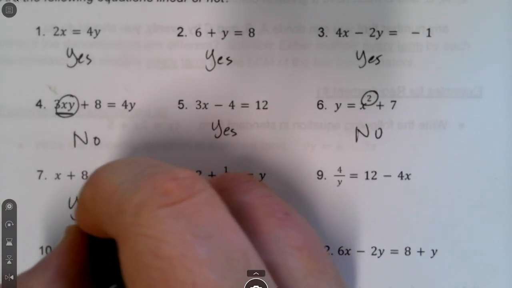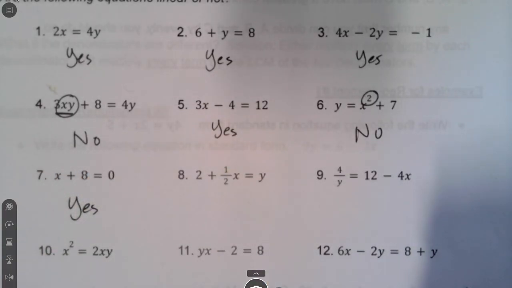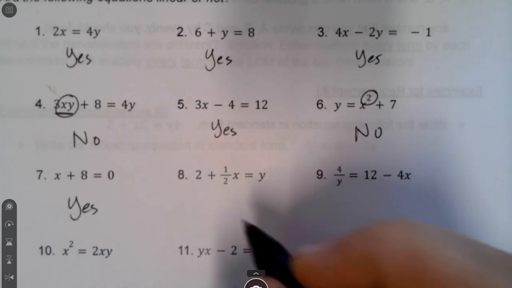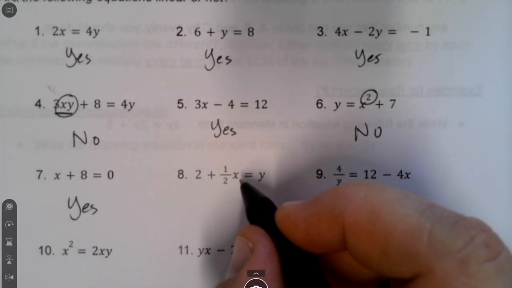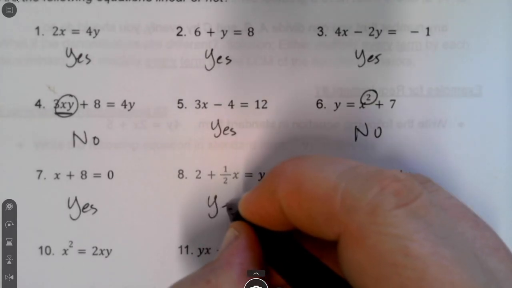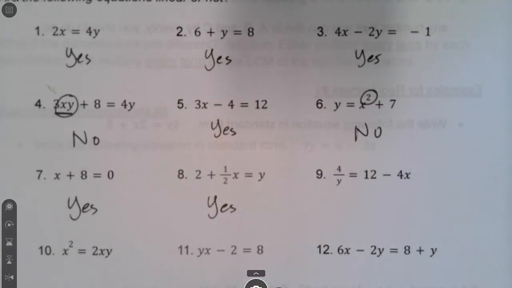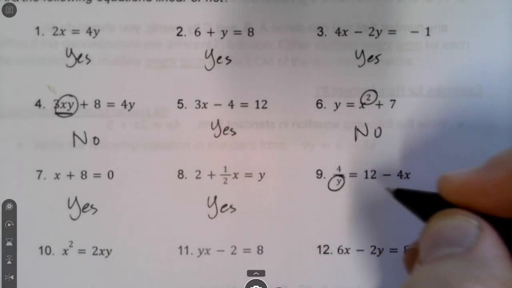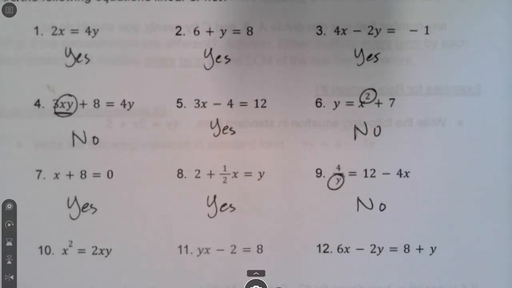So this is linear. Number 8, we have a fraction, but the variable's not in the denominator, so that's okay. This one's also linear. Okay, 9, we have a fraction, but the variable is in the denominator, so that means it's not linear.